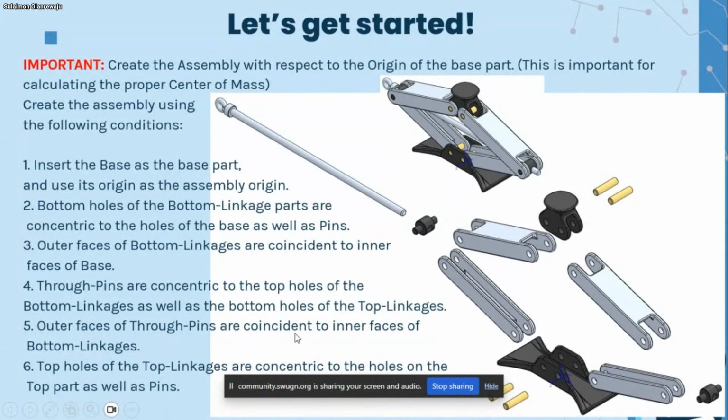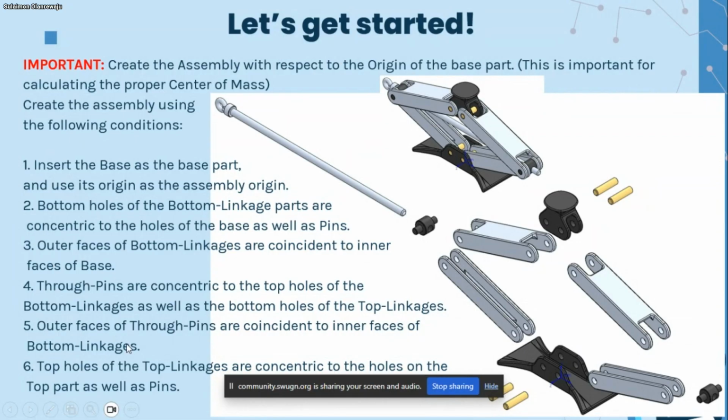Oh, sorry. I think the outer face of the through pins is this, not this smaller cylinder. It's this bigger one. So you are going to mate it with the inner face of the bottom linkage so that it fits perfectly. So I hope you understand that.